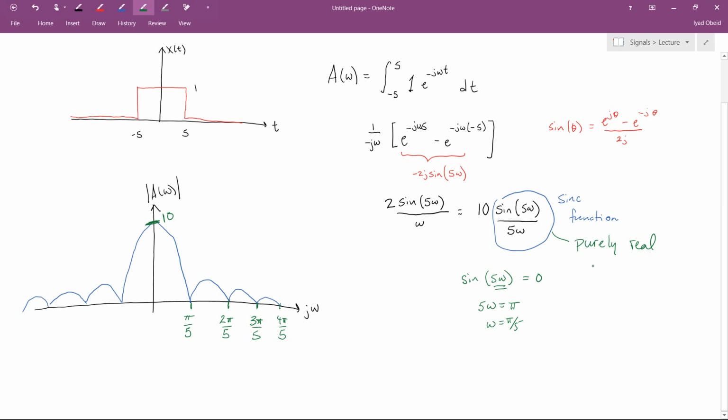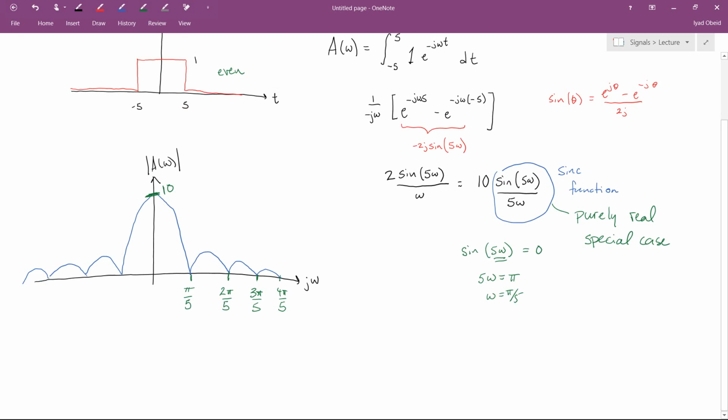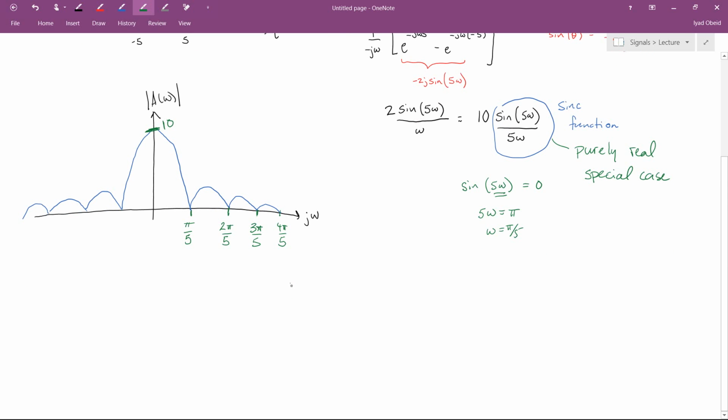And that's because this is a special case. The particular function x of t that we're working with is a special case, and what's special about it is that it is an even function. And it turns out that whenever your x of t is even, you always wind up with a purely real Fourier transform. Okay, so this is a new property that we're learning.